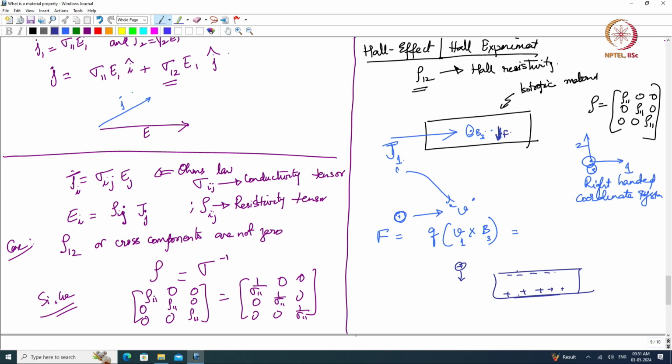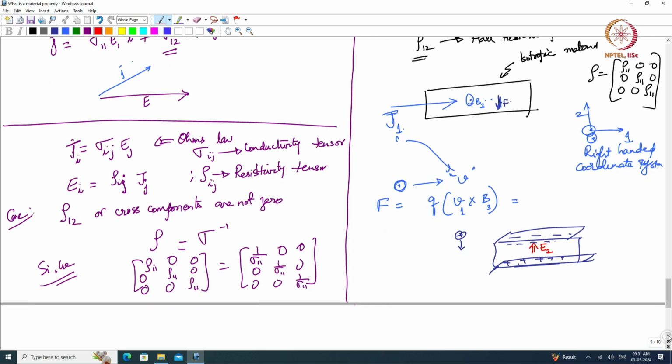In some sense this plate has more negative charge than that plate. Because of this charge separation, I am generating an electric field, E, but the E is in direction number 2. Okay. So, you can actually estimate what the value of E is, right. I will leave that as a reading assignment.